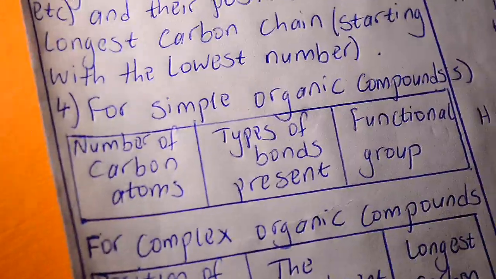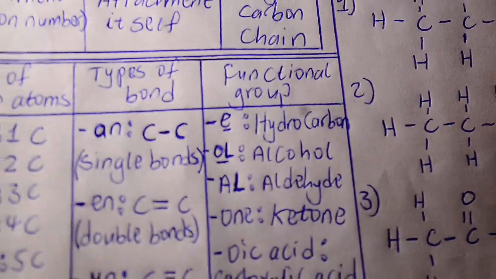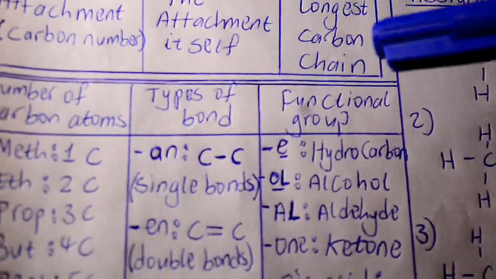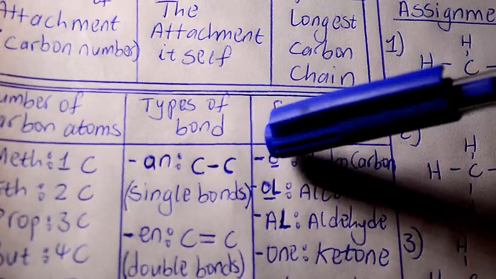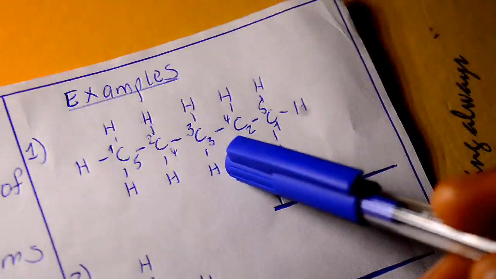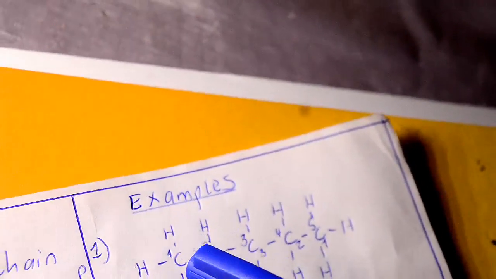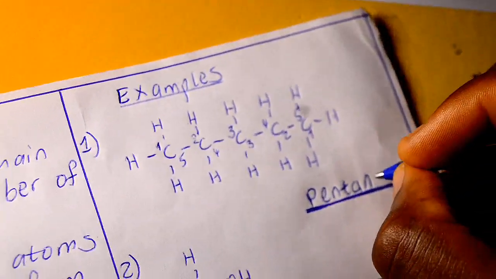And then for the last part of the name that indicates the functional group, we have what? E, when it is a hydrocarbon. This compound is a hydrocarbon because it contains only carbon and hydrogen. So we put E.